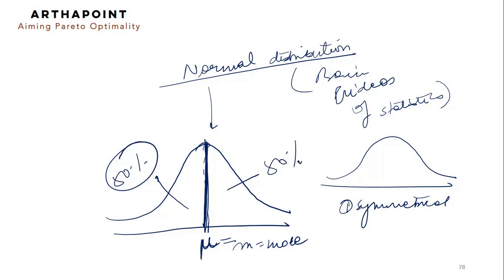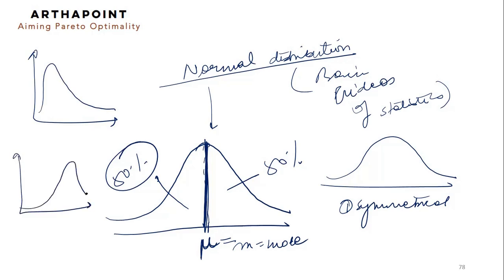It's a symmetrical distribution. It's a bell-shaped distribution. As against this, what are the other cases that can happen? Your data can be skewed. So for example, your data can look something like this, or your data can look something like this.